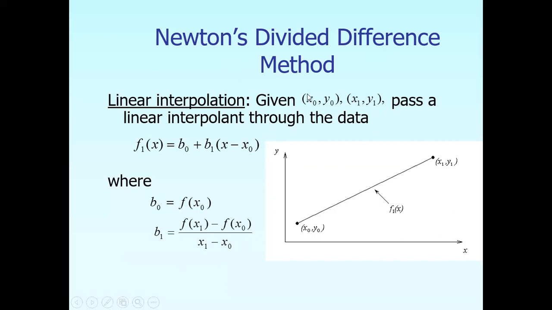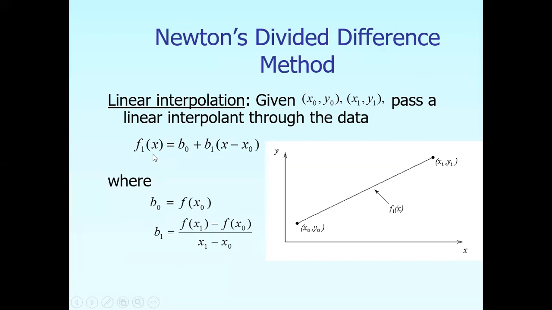Suppose the difference between x0 and x1 and between x1 and x2 is the same, then we can say that the intervals between the x coordinates are equal. So when the intervals are unequal, then we can use the Newton divided difference method.